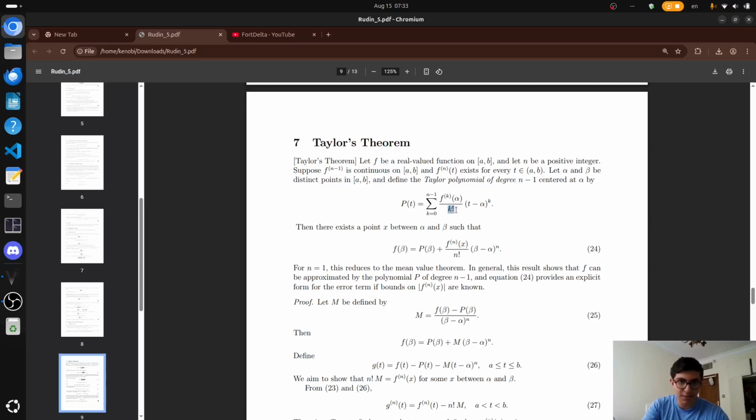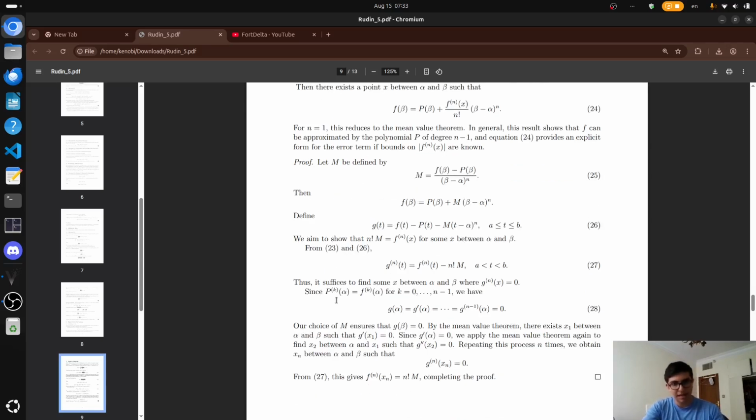So this and this will cancel with the derivatives, and you're going to be left with this term and other terms. But other terms have this t minus alpha, and if you set it to be alpha, all the other terms will go to 0, and you're just left with this term over here. So that's why the kth derivative of p at alpha is equal to the kth derivative of f at alpha for k equals 0 to n minus 1.